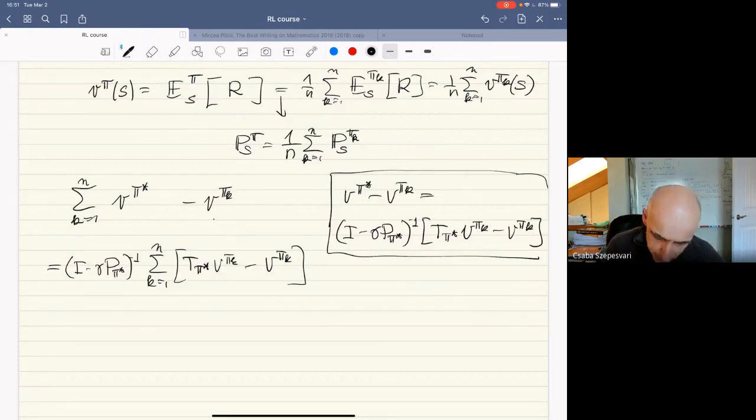So the action value function of T pi star applied to v of pi k, what is that?